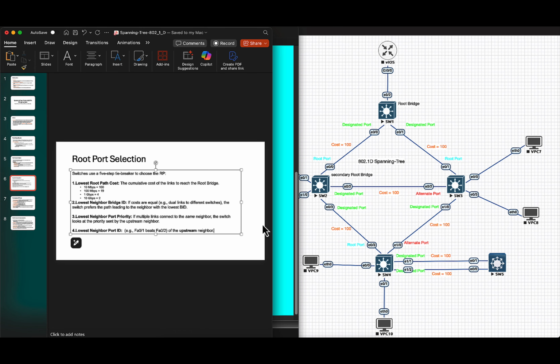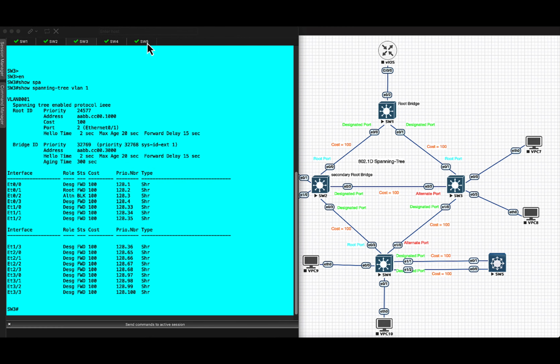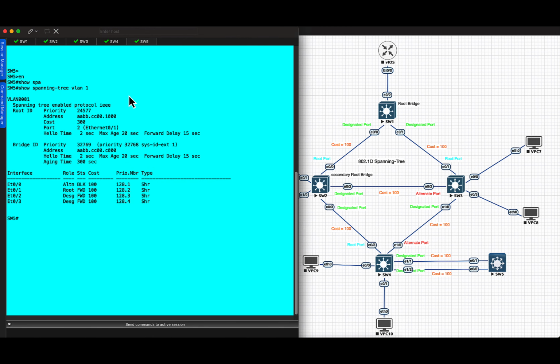All right. So what about switch 5? Switch 5 also has the cost equal between the two links, E01 and E00, that are trying to get to the root bridge, right? So it'd be 300 either way, right?